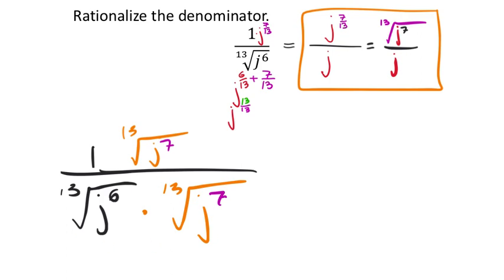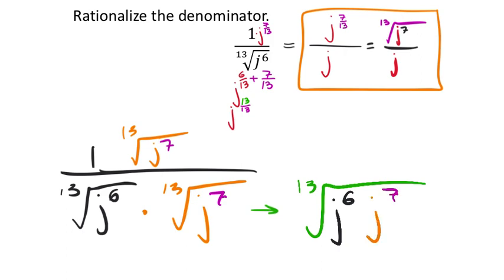Well, in the bottom there, now that I have matching indexes, what I can do is just make it one individual index of the 13th root of j to the power of 6 times j to the power of 7. And there we can see that we can add those exponents together.